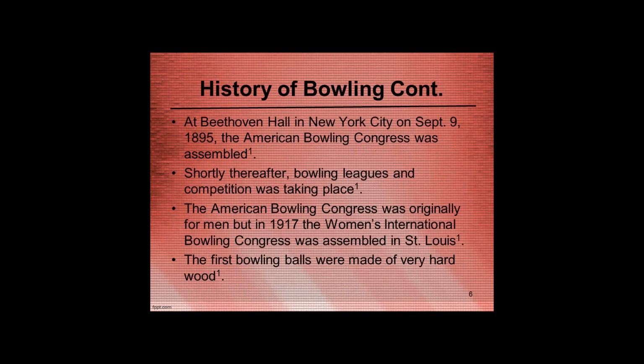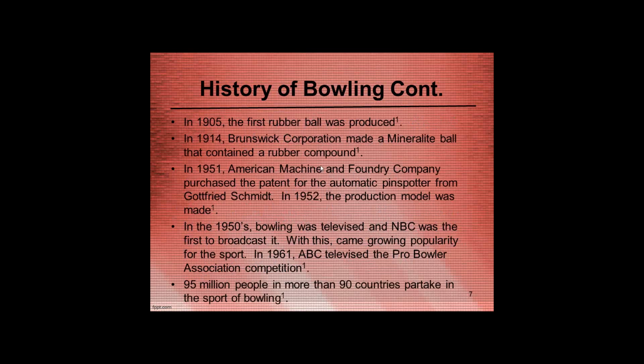Shortly thereafter, leagues and competitions started taking place. Originally, the American Bowling Congress was just for men, but in 1917 they added women, and the Women's International Bowling Congress was assembled in St. Louis. And the very first bowling ball was a very hard wood.